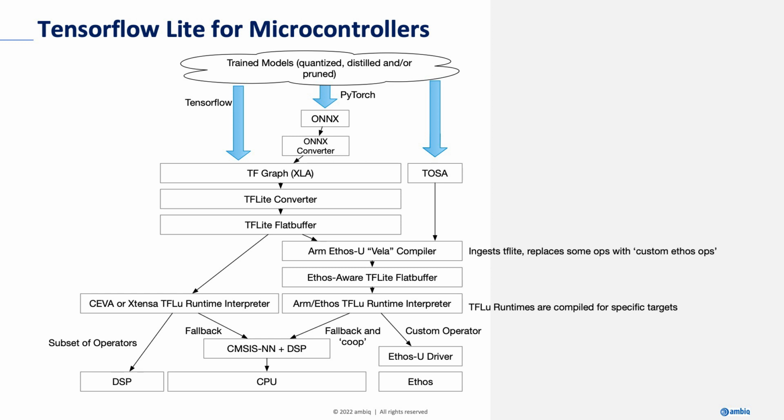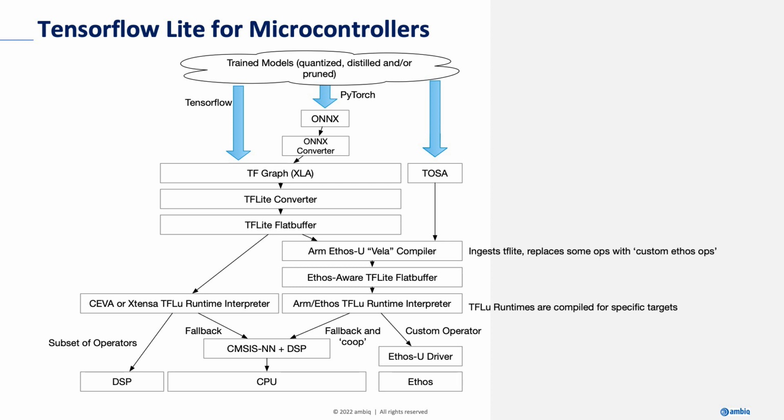So a lot of the NPU vendors and the other accelerator vendors use that as a front end. And so it gets pretty complicated. Here I have, if you're trying to run something on an M55 or a Cortex M4, you will take the middle path, right?